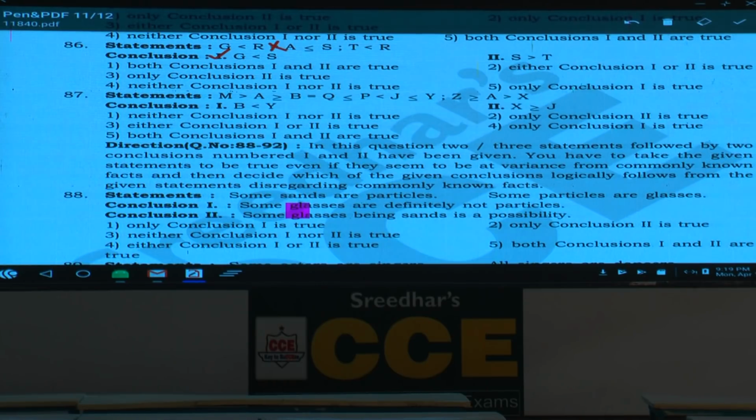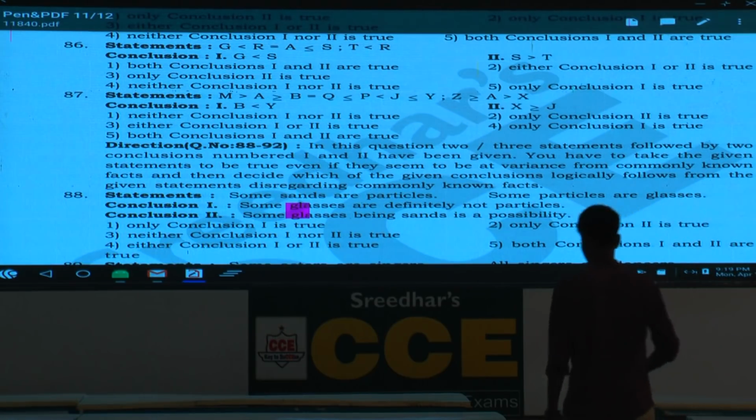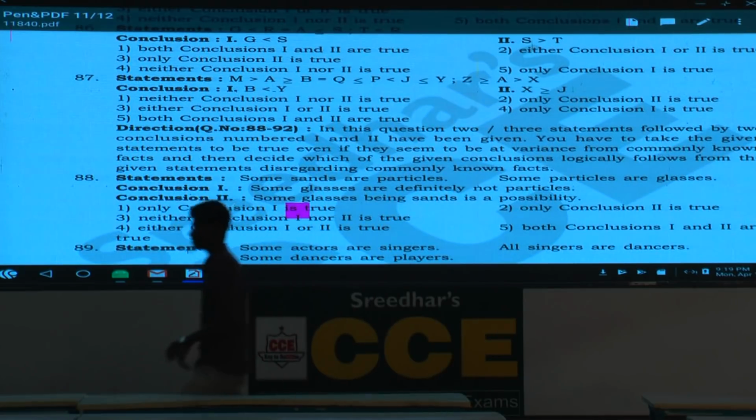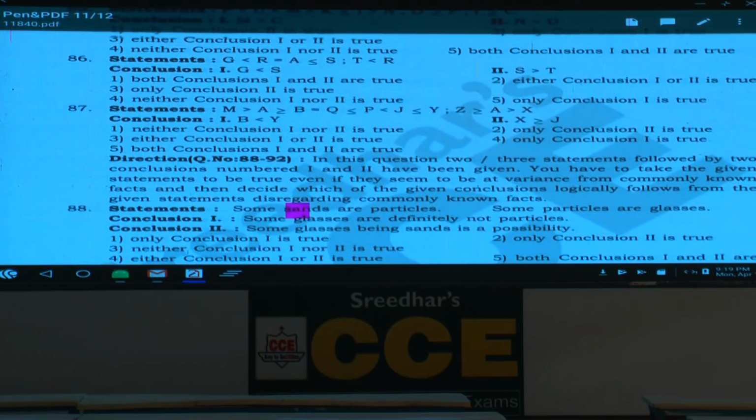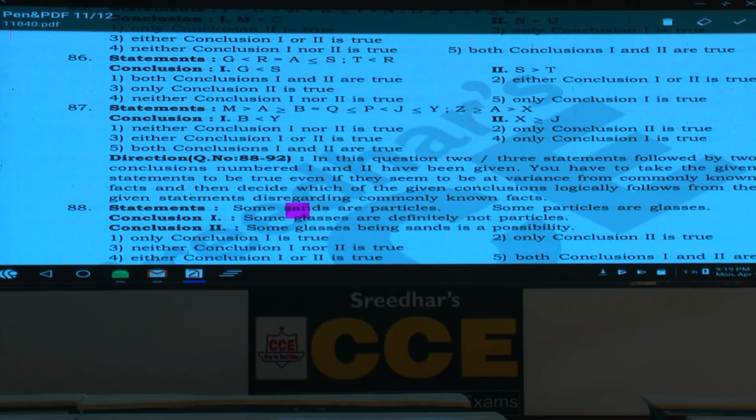Then the second conclusion. What is the second conclusion here? The relation between S and T. Now the relation between S and T, if you observe here, tell me what is the relation between these two, S and T?